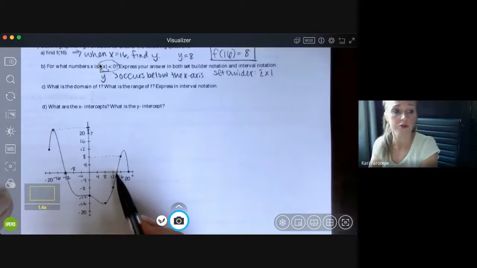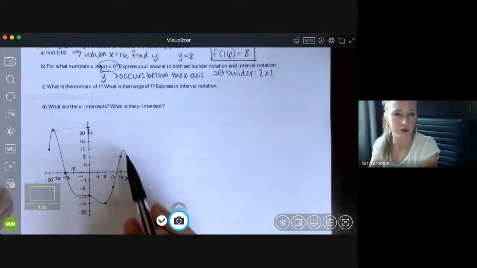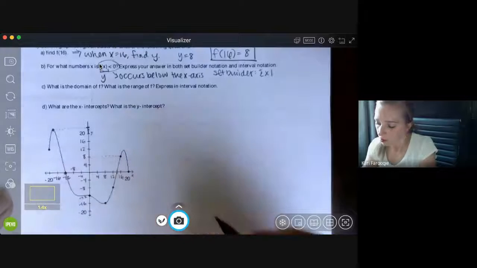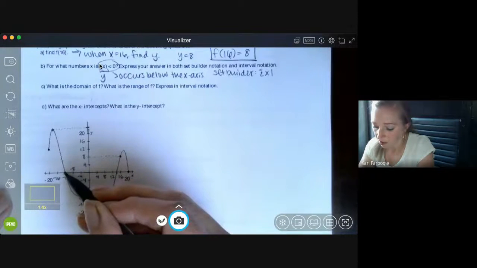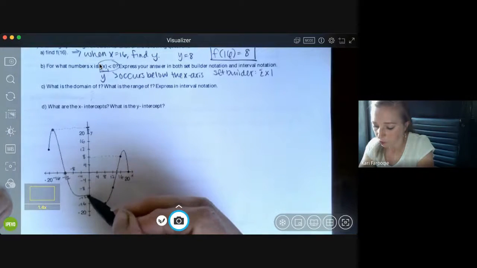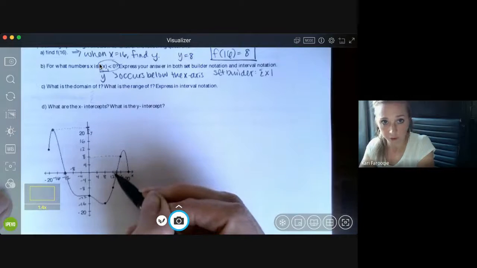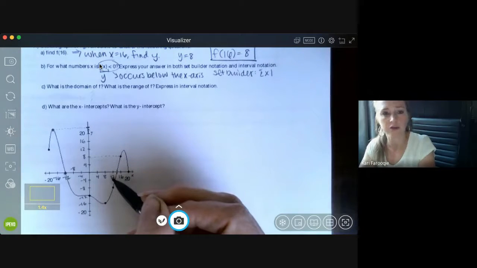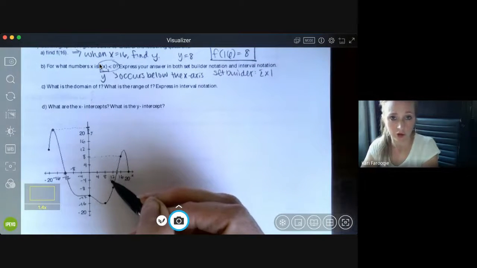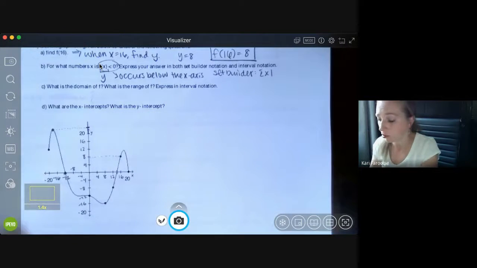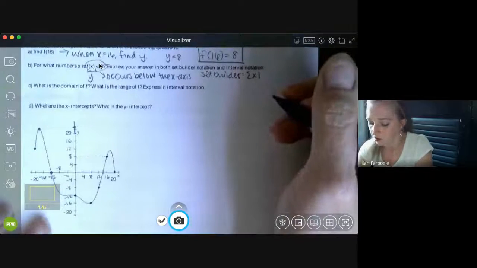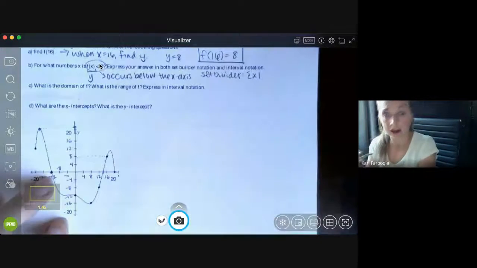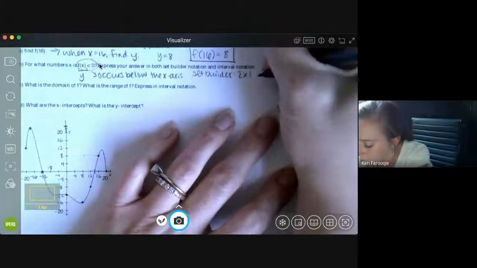And as we move to the right of 14, the y value becomes positive. So we're going to take our value of x all the way from negative 12 to positive 14. And any value of x in between those two numbers will have a negative value for the corresponding y component on the graph. So we're going to start out at x being negative 12.